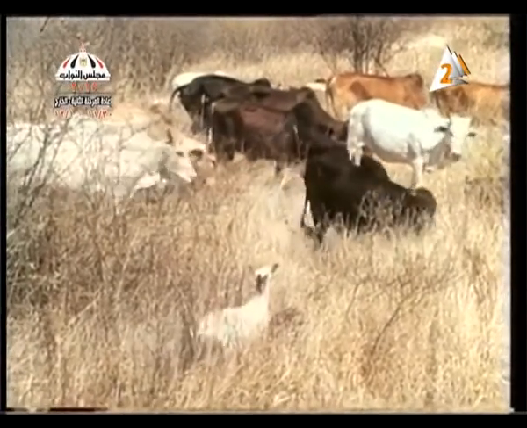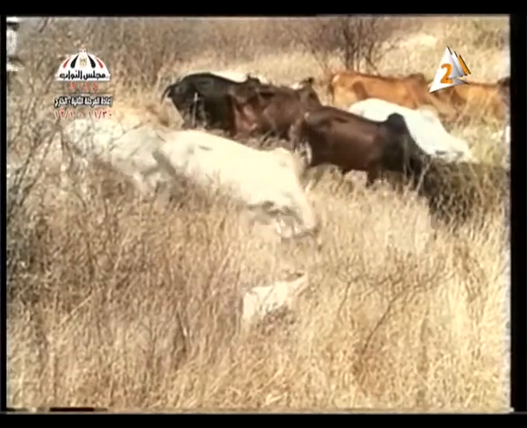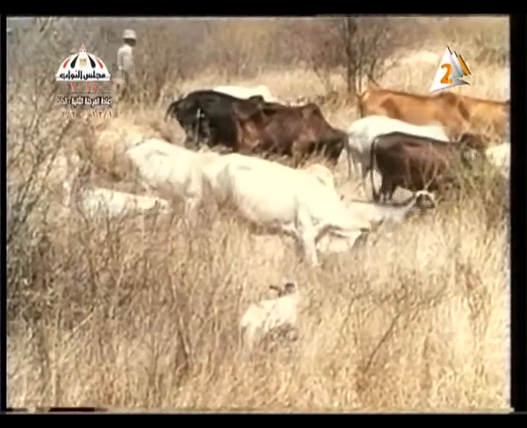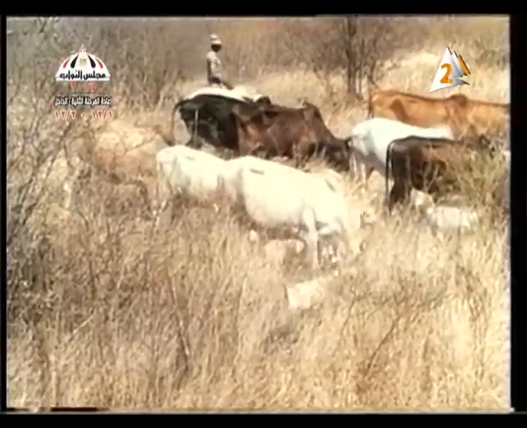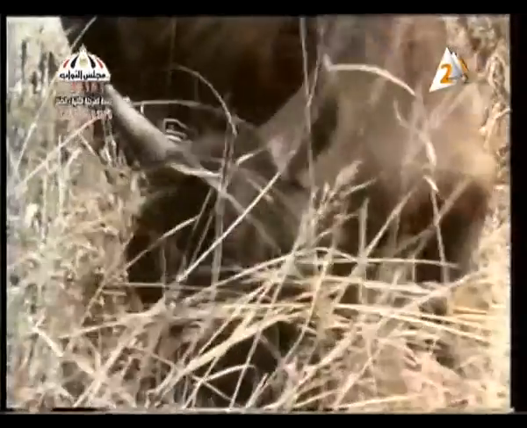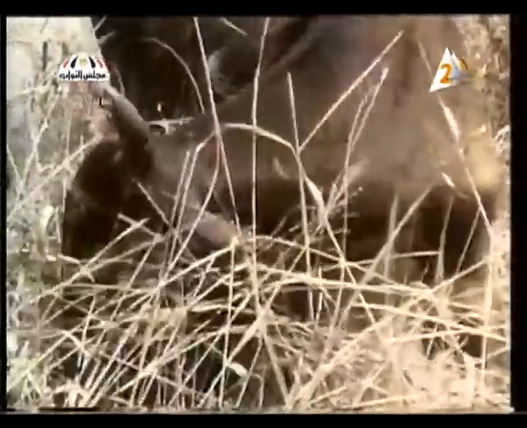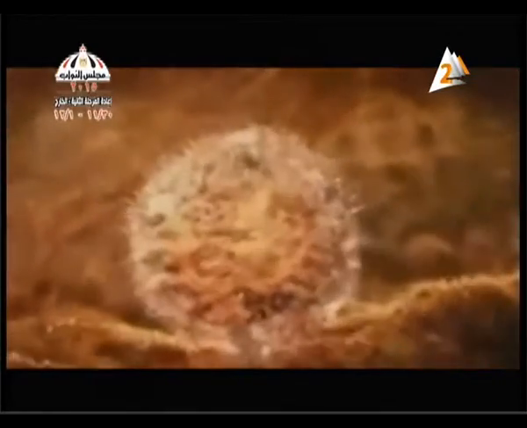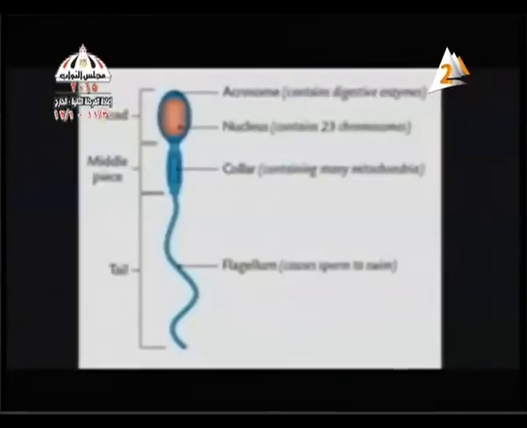The male gametes are characterized by their ability of locomotion. As you see, the male gamete can move. Locomotion means it can move. Thus they are adapted for their function. As you see, they lose most of their cytoplasm.